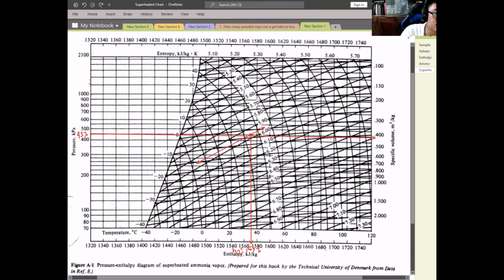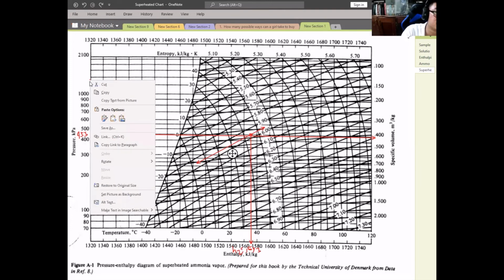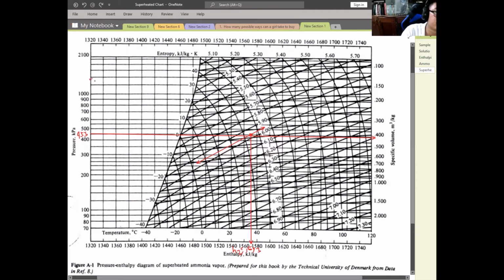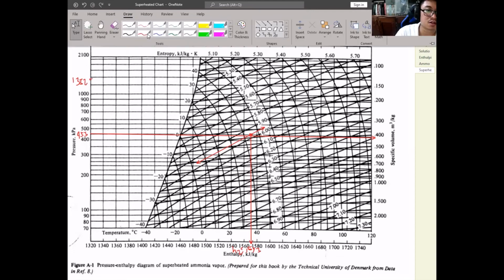So 1352 is almost 3/4 po, no? 3/4 ng line na ito. So I think siguro nandito siya, no? Ayan. Nandito siguro siya. Okay, so this is 1352 kPa. So we will draw a line.